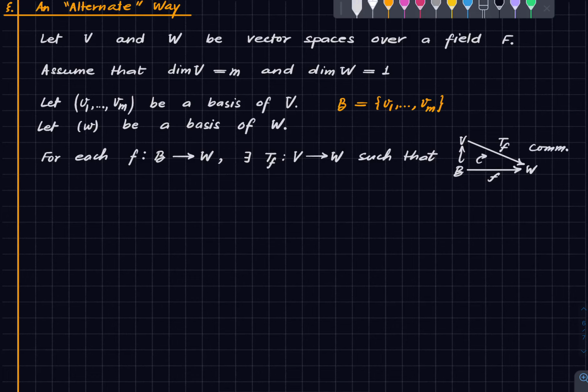And another enunciation of the same statement is, for each map phi from B to F, the base field, there exists T_phi from V to W such that something else commutes.